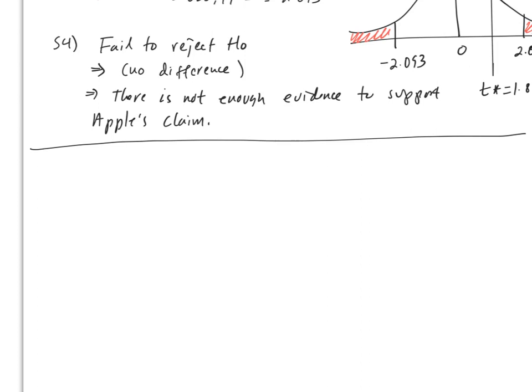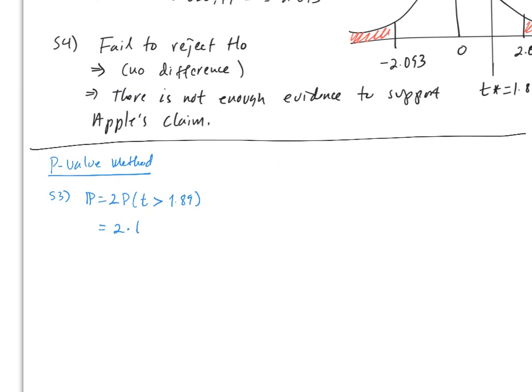Okay, now let's do the p-value method. By now you know that step 1 and step 2 are the same, so let's jump to step 3. The p-value will be twice the probability that t is greater than t star, which is 1.89.